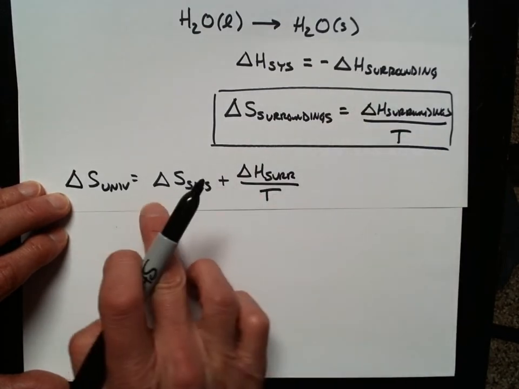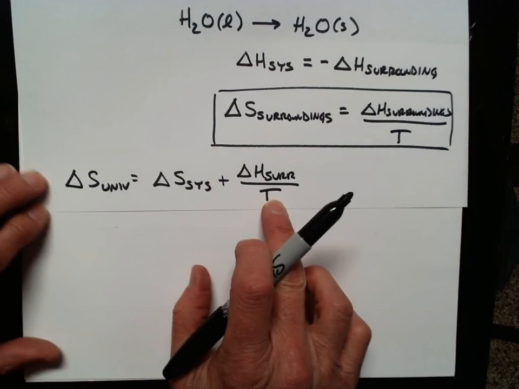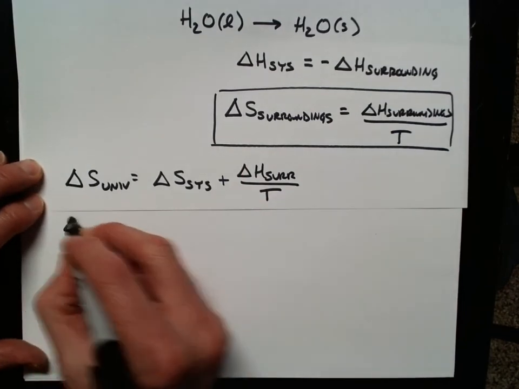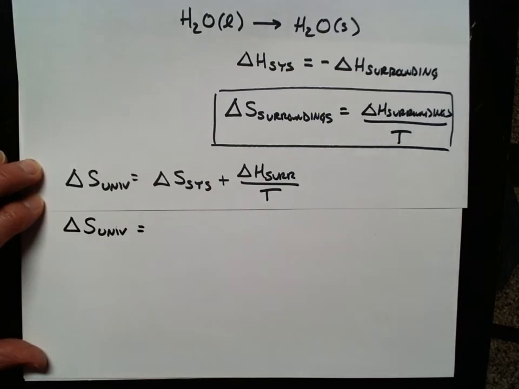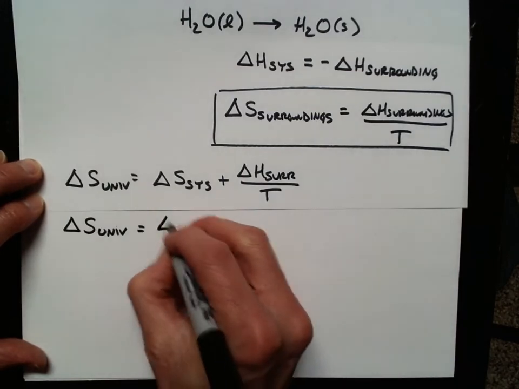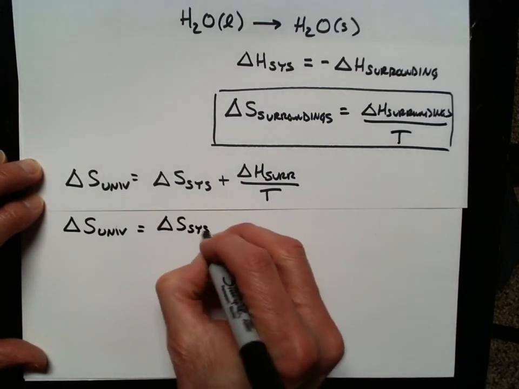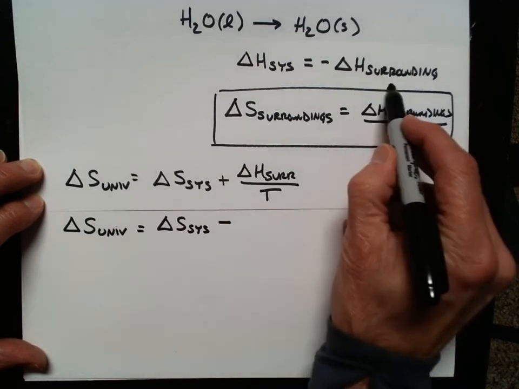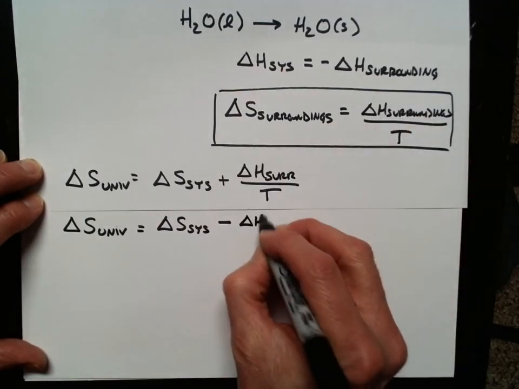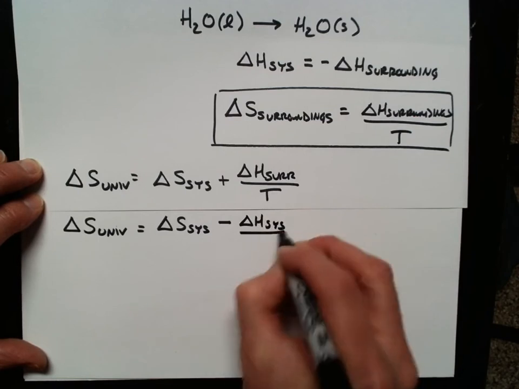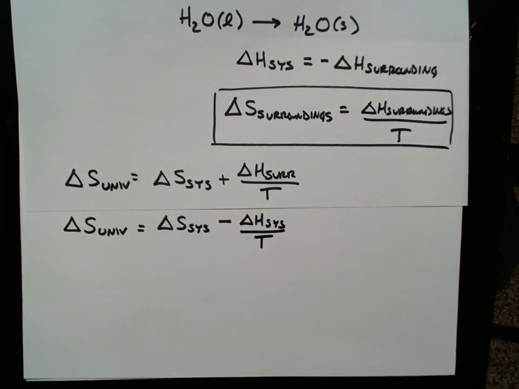So I can put this whole side of the equation in terms of the system in the following way. I can say the change in entropy of the universe is going to be equal to the change in entropy of the system minus, what's it going to be? The opposite of the delta H of the system over T. That's pretty cool.